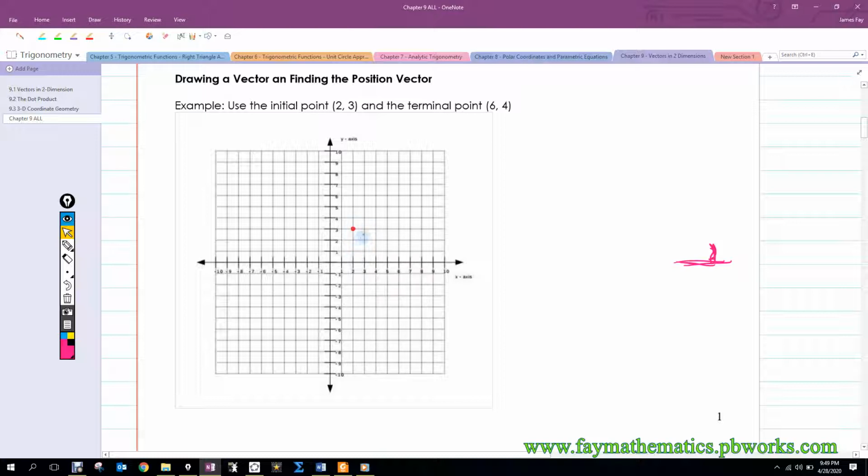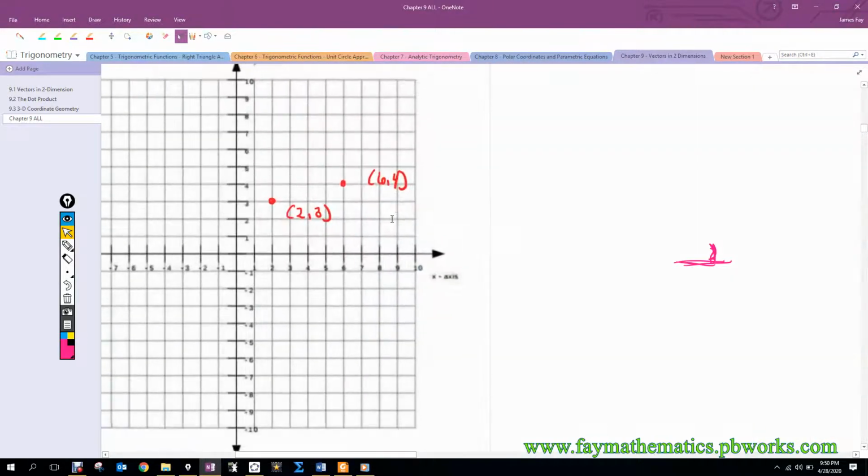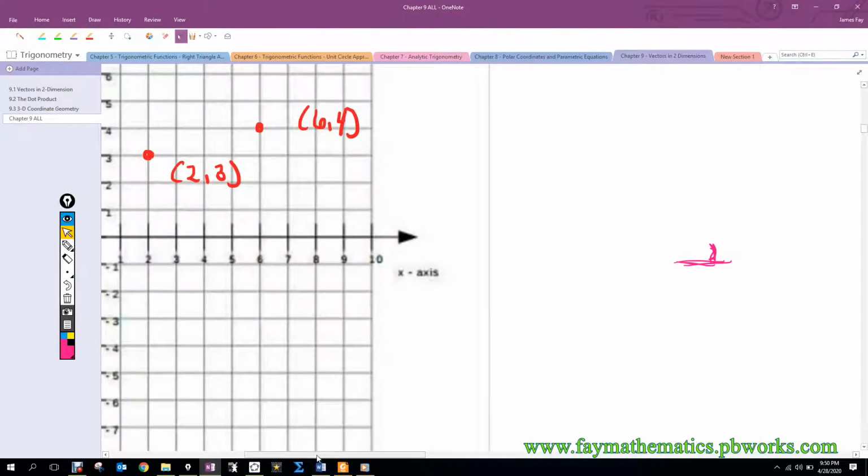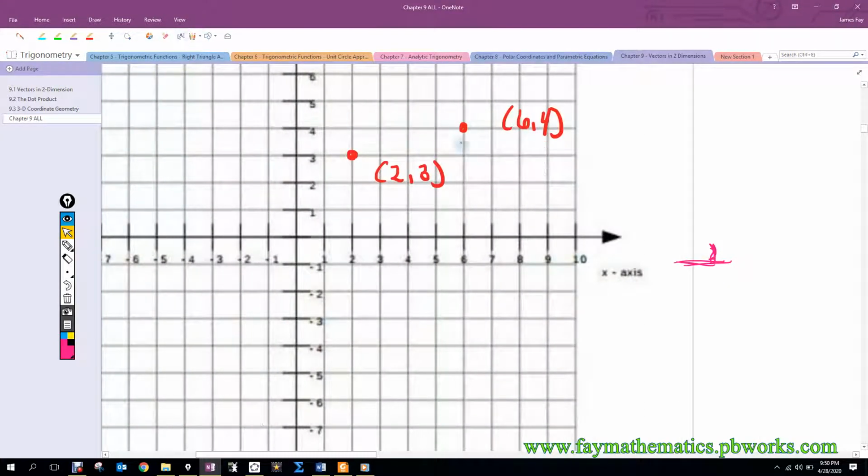So this is my initial point 2, 3. And then I want a terminal point at 6, 4. So 6, 4. And all I want to do is that. So that is drawing the vector.